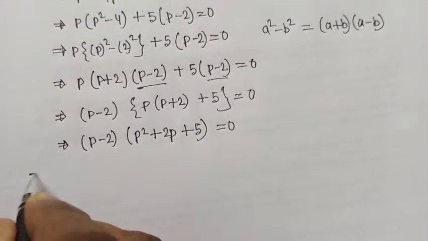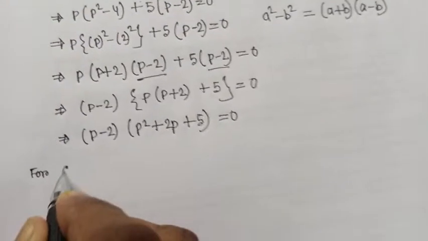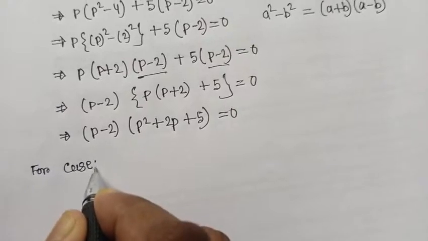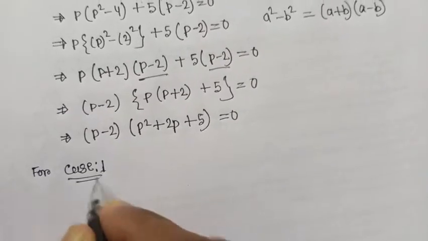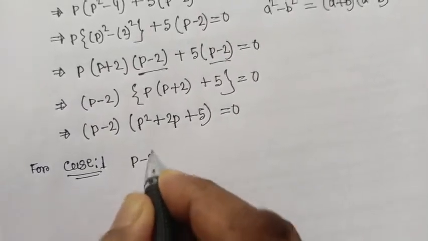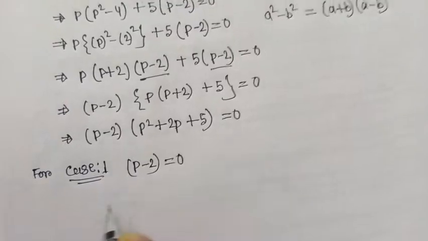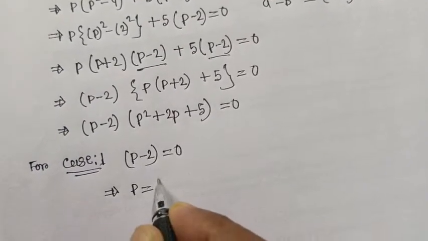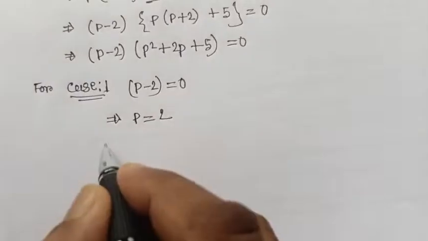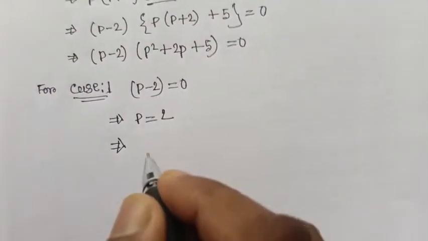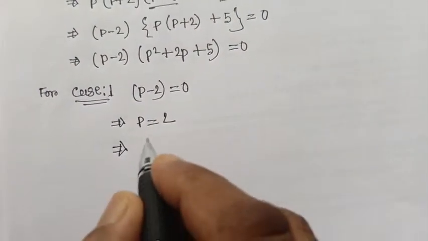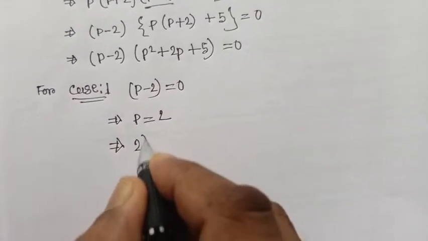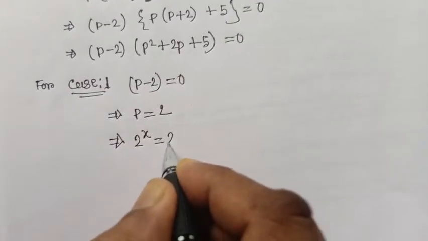So for case 1, if we take p minus 2 equals 0, that is p equals 2, and before we have already let that p is equal to 2 to the power x, so 2 to the power x is equal to 2.